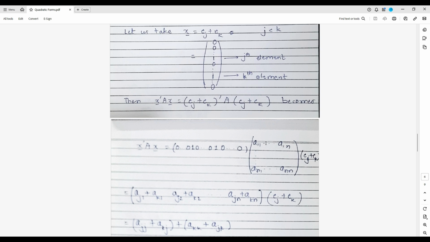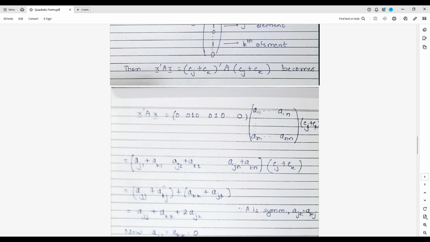Similarly, if I consider its multiplication with the second column, then I'll get the addition of the jth and kth elements of the second column, and so on. So I'll end up getting the addition of the jth and kth rows of this capital A matrix. And so I'll get aj1 plus ak1, aj2 plus ak2 and so on up to ajn plus akn.